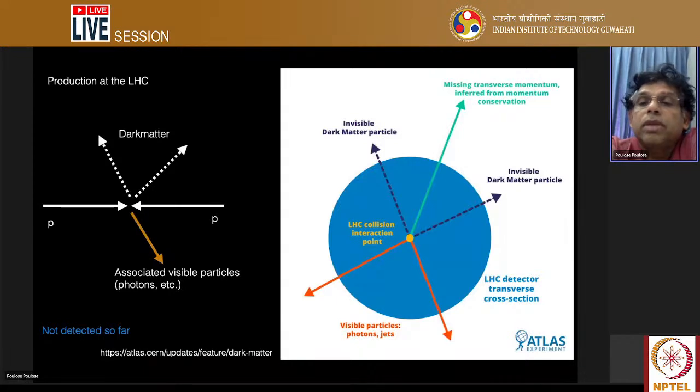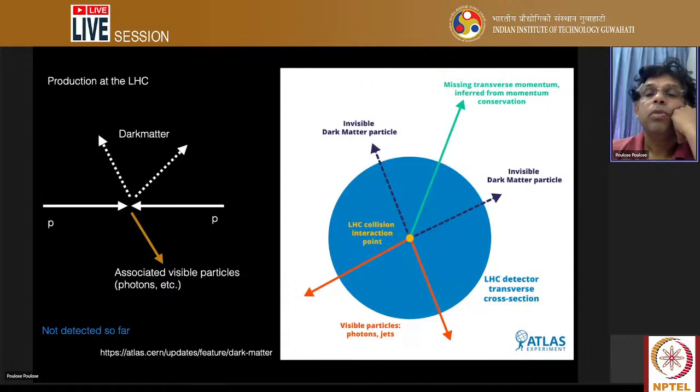Detectors are usually some material which will interact with the particle coming in and absorb energy. Dark matter, being dark matter, will not leave any signature or any energy in the detector. They will just be missing.